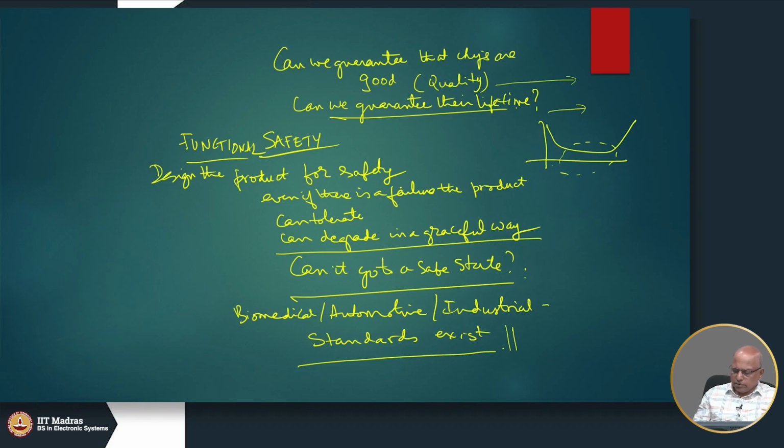And there are many levels of safety. Okay. See, some may be such that it's not a big deal if some small error occurs. For example, if the infotainment system in the car develops a small issue, it may not be such a big deal. Whereas if the engine control develops a problem, it's a very big deal. Okay. So, there are many levels of safety. Okay, these are called safety levels.